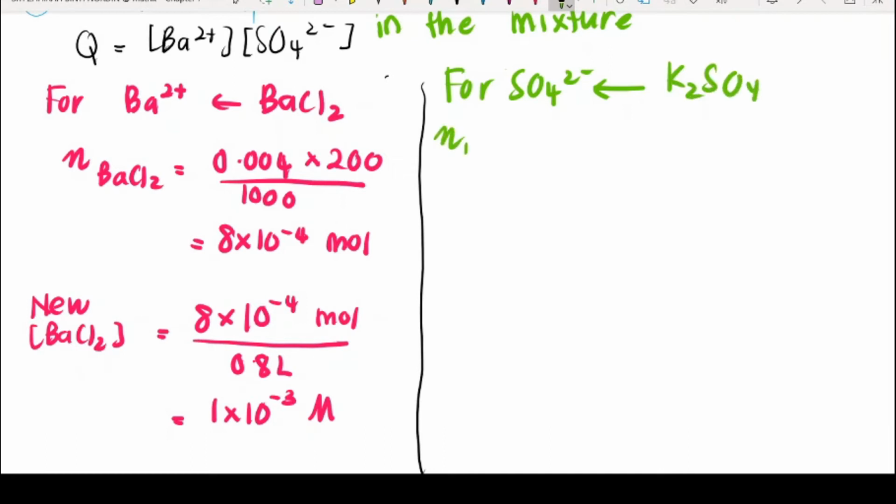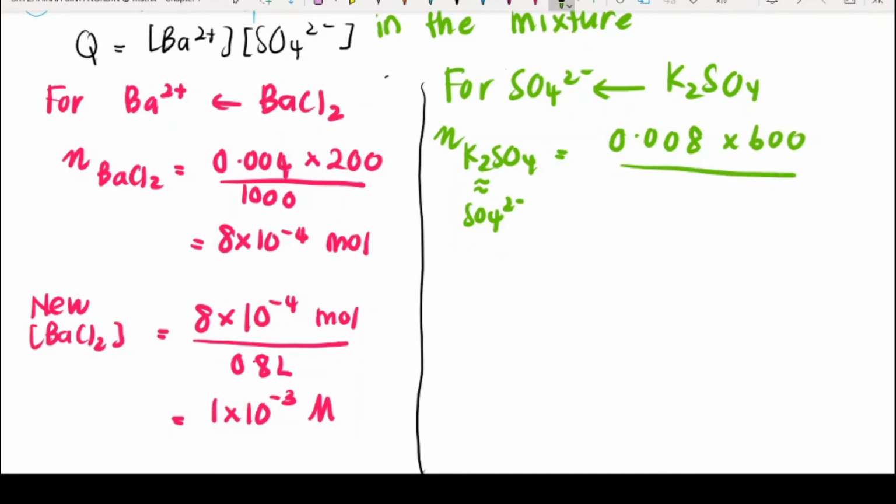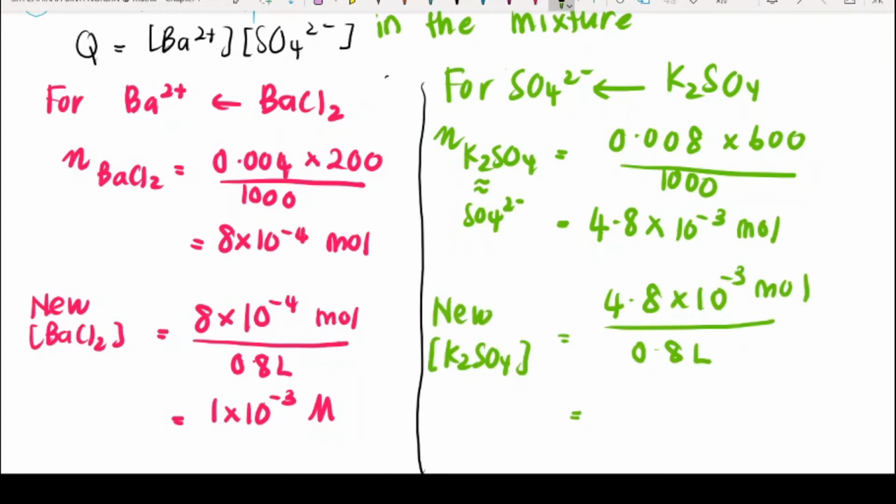So first find the mole of K2SO4, which is equivalent to SO4 2-. That would be 0.008 times 600 divided by 1000, so the mole is 4.8 times 10 to the power of minus 3. Next, we need to find the new molarity as well. So the new molarity for SO4 2- would be 6.0 times 10 to the power of minus 3 molar.